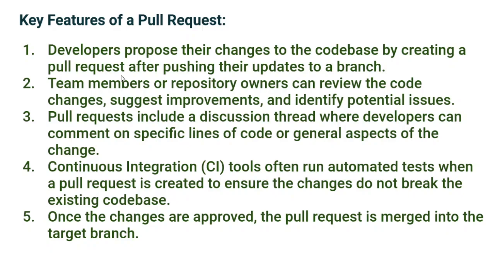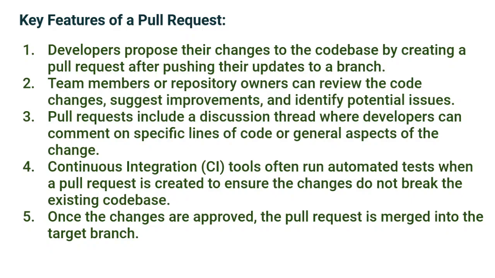So what are the high level key features of a pull request? Developers propose their changes to the code base by creating a pull request after pushing their updates to a branch. Whenever a developer is working on a feature branch, he will write the code, modify the code, and might add some new files, and then once that is done, he will push those changes to the remote repo in their feature branch.